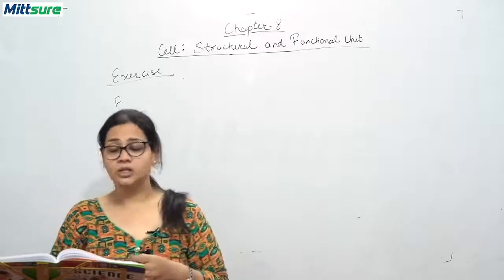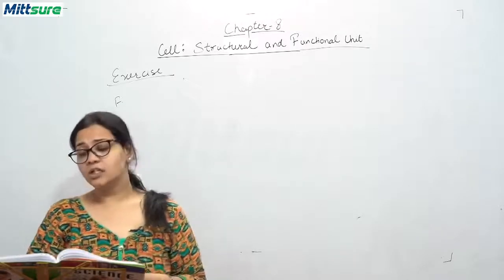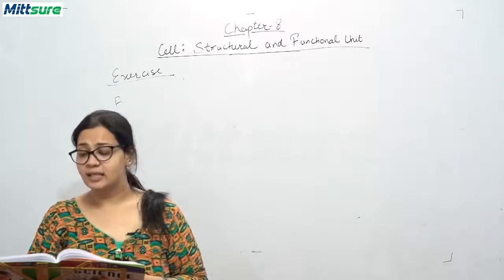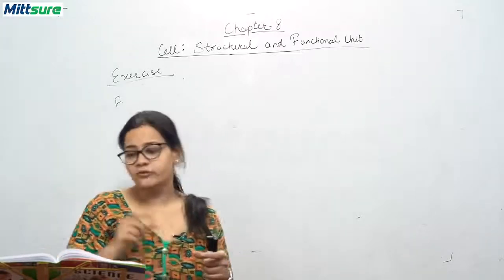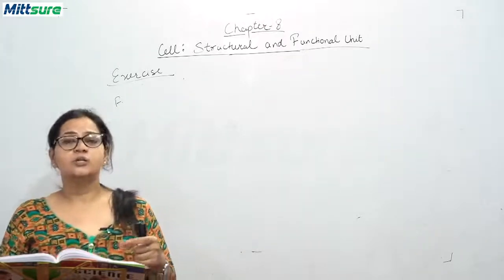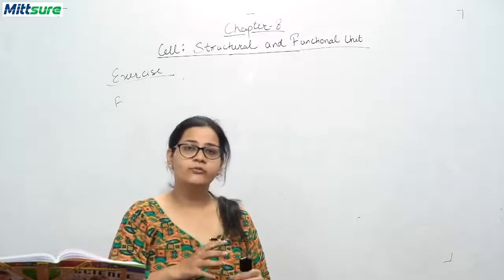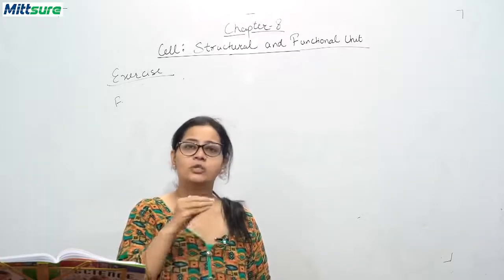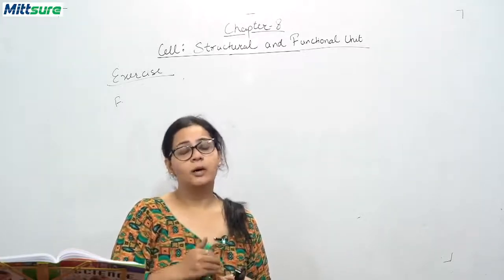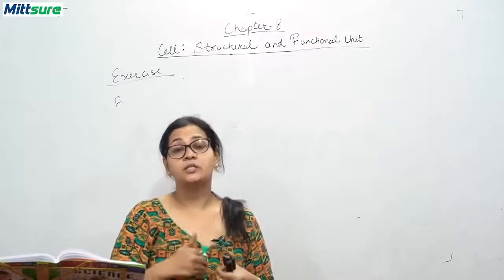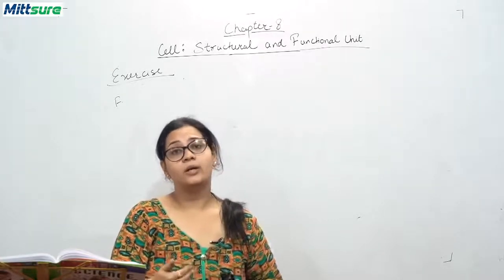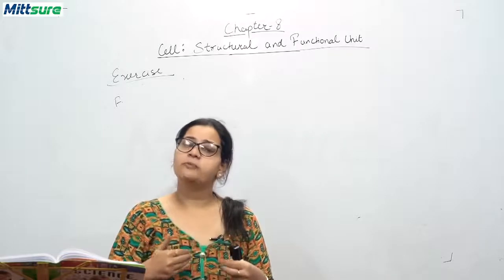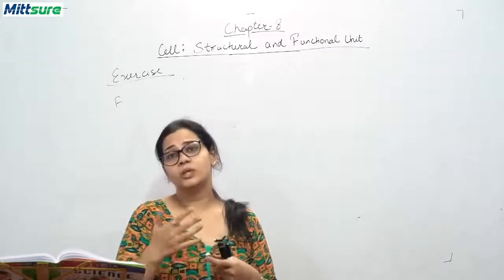The third question is, how does a nucleus differ from a cell? So you have to write the structure of the nucleus and how the nucleus does a particular genetic work that is not done by other cell organelles, and about the 4 different parts of the nucleus.